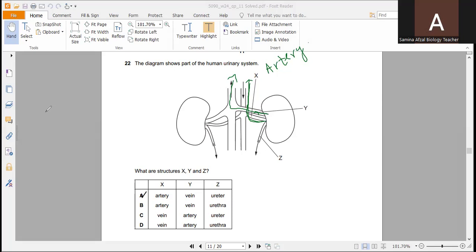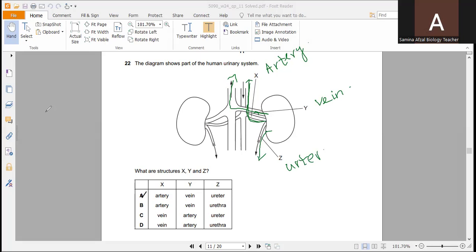So it means this is a vein which is taking the deoxygenated blood from the kidney, and the third one which is moving in the downward direction towards the bladder. So it is the ureter, which is taking the urine out of the kidney after the filtration.